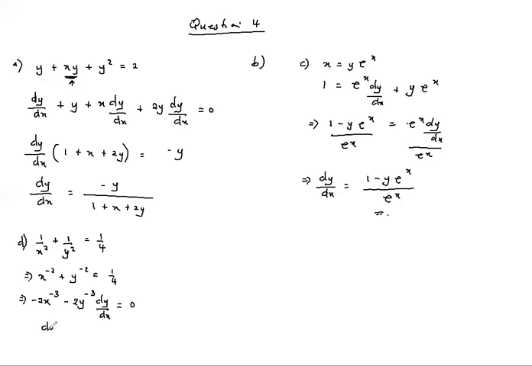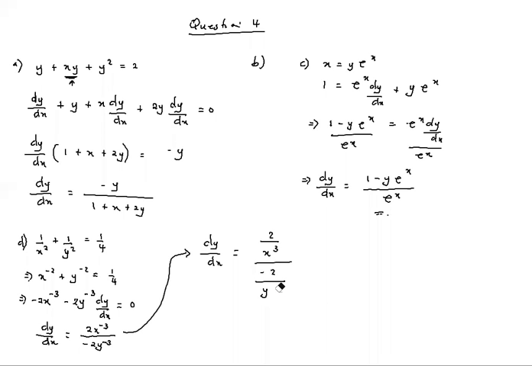So dy/dx will actually be 2x^-3 over -2y^-3. And you can write this as dy/dx is equal to, on top there we have 2 over x^3, and down here we have -2 over y^3, because I've taken down those parts so they can no longer be negatives.